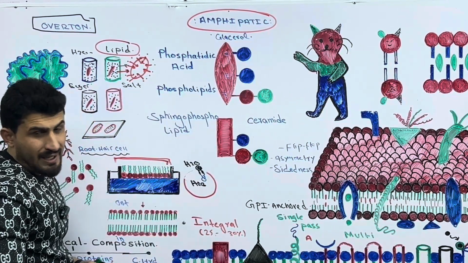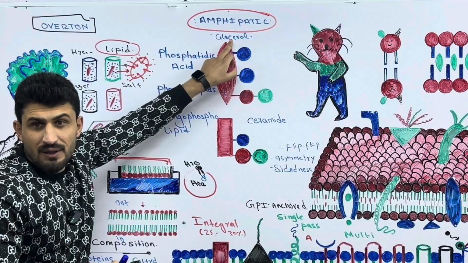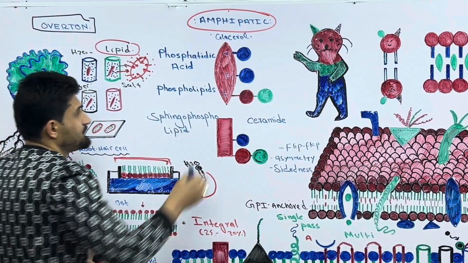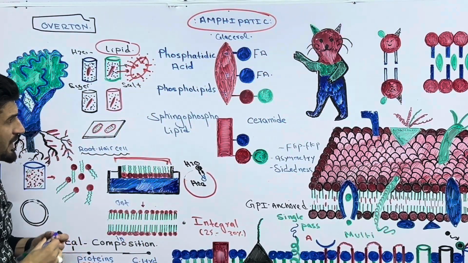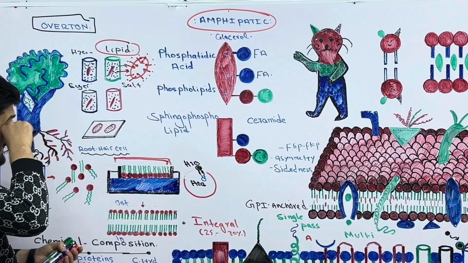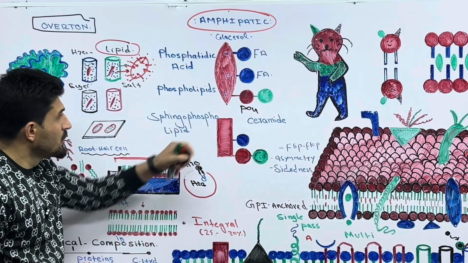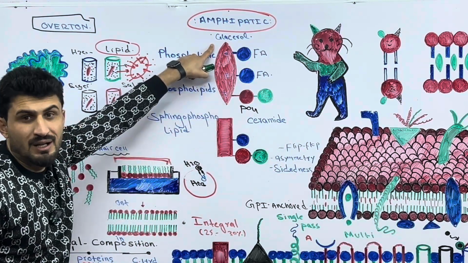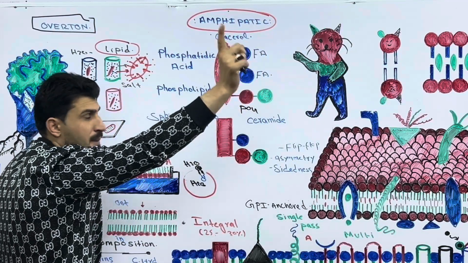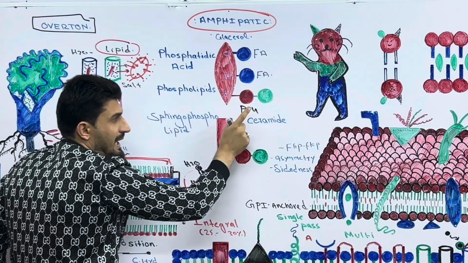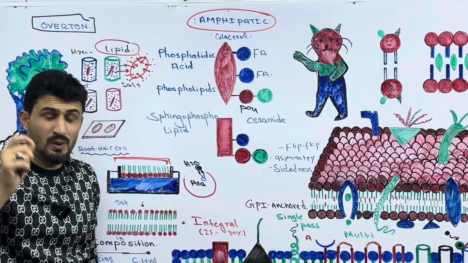When we add two fatty acids to the first and second carbons of glycerol, this is one fatty acid, this is another fatty acid, plus when we add a phosphate group to the third carbon of glycerol, collectively the glycerol molecule plus two fatty acids plus phosphate are called phosphatidic acid, which is the basic backbone of a phospholipid.